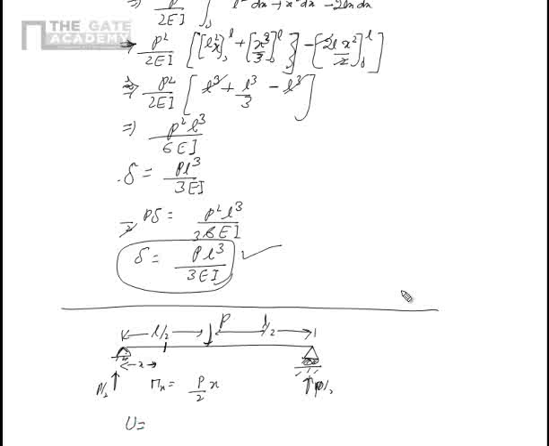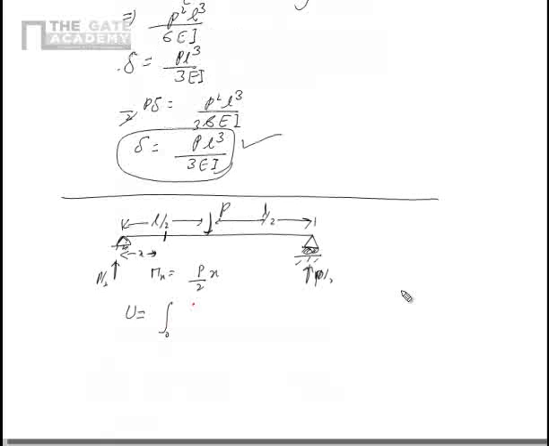So the strain energy is nothing but integration from 0 to L by 2, because this moment is varied only from 0 to L by 2, and multiplied by 2 for the other half. I can cut it here. For that half, this is the formula. Similarly for that half, same thing. So this value will be P by 2 x square into dx upon EI.